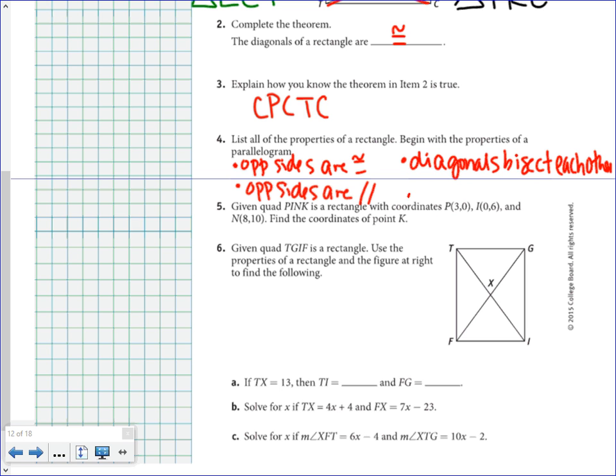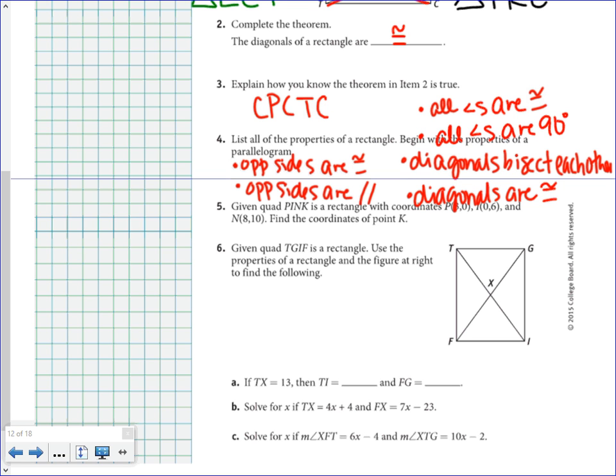Another one, the theorem that we just looked at, the diagonals are congruent. Another one is dealing with the angles. All the angles are congruent. Also, all the angles are 90 degrees. So those are some of the properties of a rectangle.